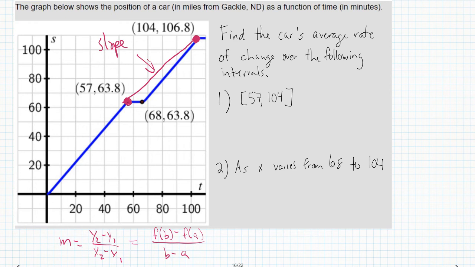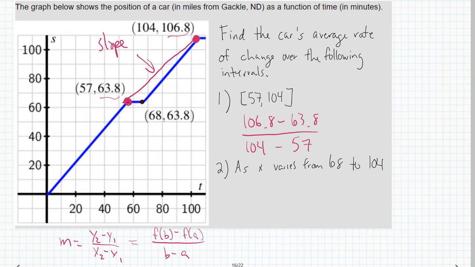So what are the y values in this case? The y value is 106.8 minus the other y value, 63.8. Notice that came from right there and right there, all divided by 104, the one associated with 106.8, minus 57.